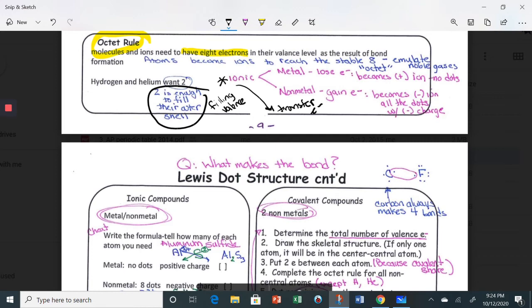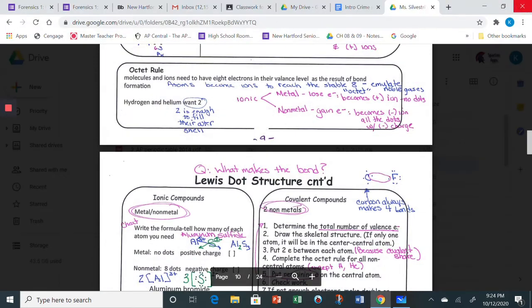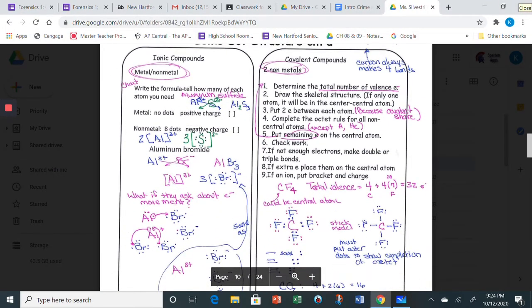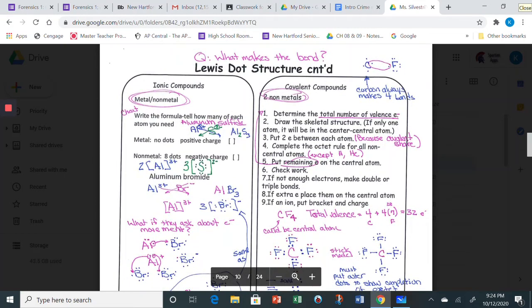I'm going to move this down a little so you can see it. As always, I am going to constantly from now on, since we've learned about bonding, say to you, when you approach a problem, the very first question you should ask your own little brain is, what makes the bond I'm looking at?